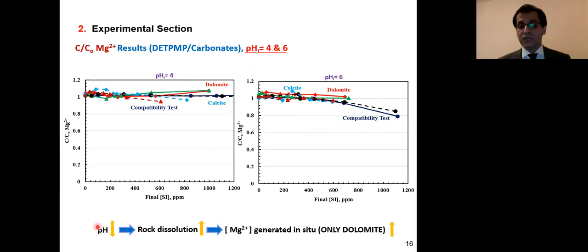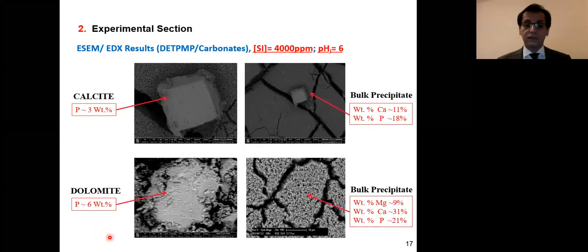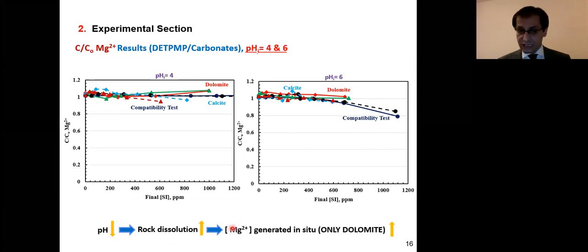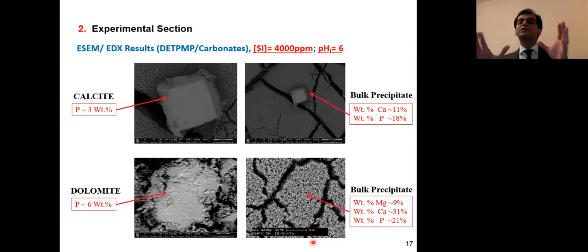So like the previous slide, as pH decreased, rock dissolution increased, and the amount of magnesium generated in situ only in dolomite increased. Now we need to look at the surface of the grains before and after scale inhibitor treatment in calcite and dolomite cases.